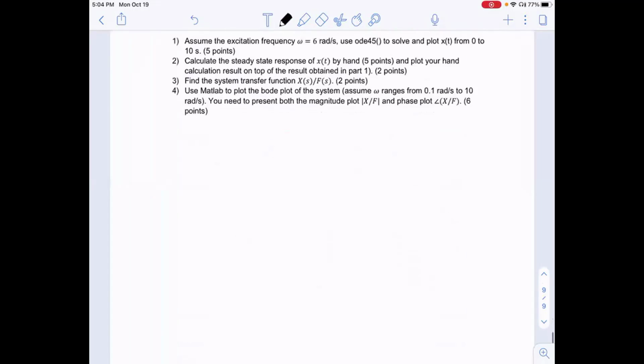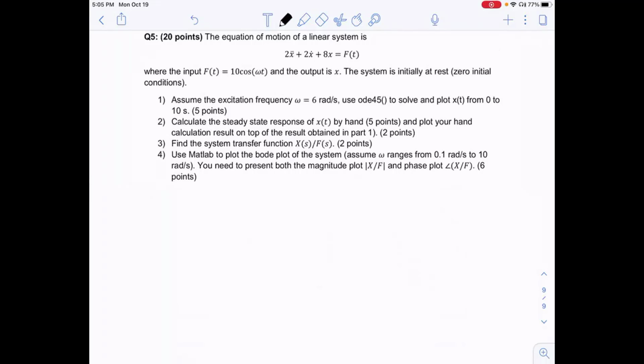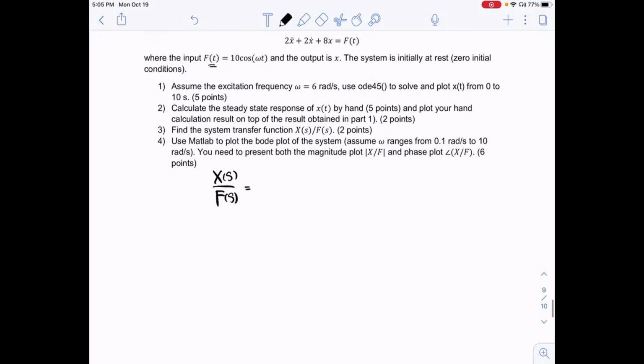So Q5, I think most of you got it correctly. There is just one thing, and I'm going to emphasize this today as well. I think the problem starts with the transfer function here. A lot of you plugged the f(t) back into the ODE. So what you have is 2x double dot plus 2x dot plus 8x equal to 10 cosine omega t.